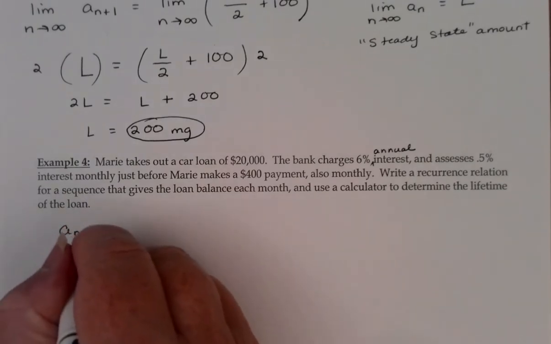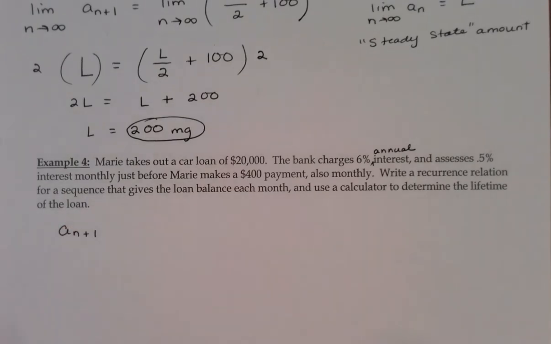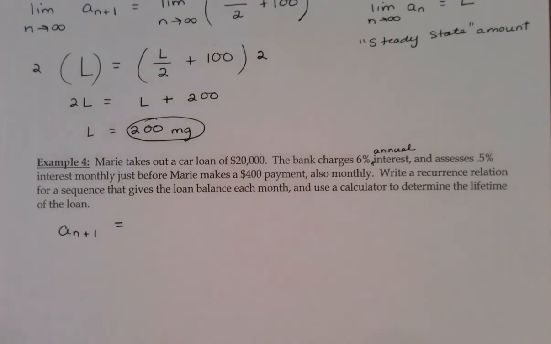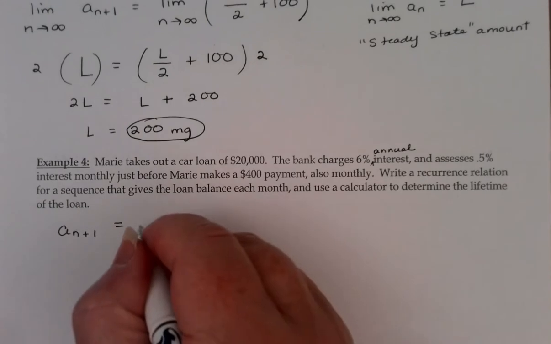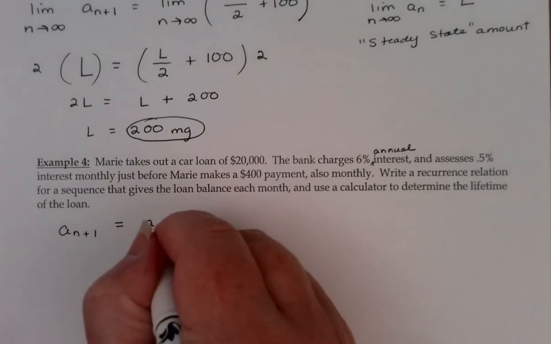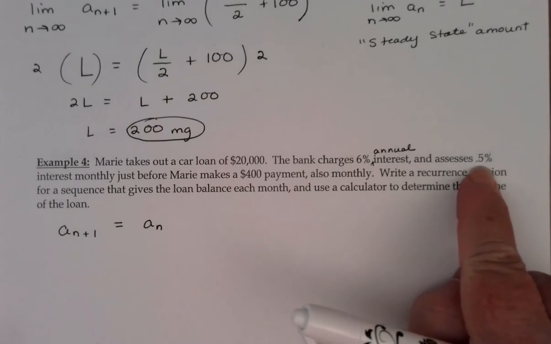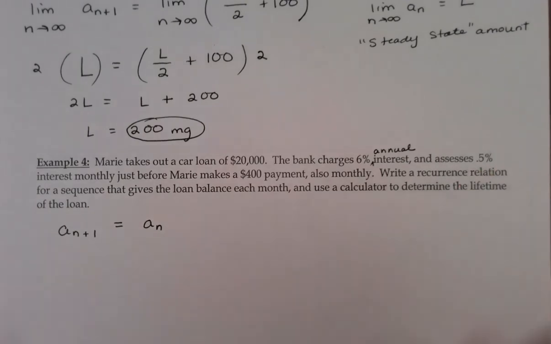The loan balance, a sub n plus 1, in a subsequent month, we would calculate how? Well, first of all, we take the previous loan balance, a sub n, and we have to charge that 0.5% interest.